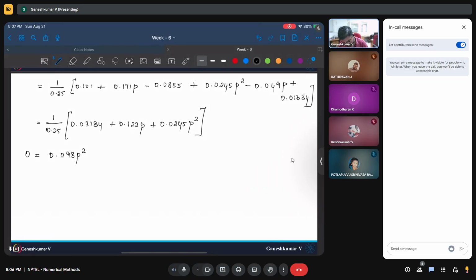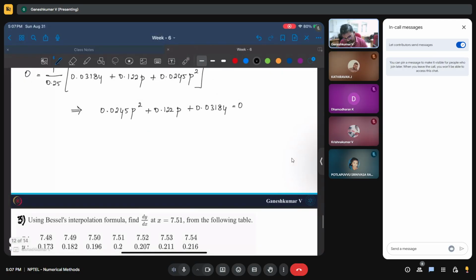Oh, 0 means you can just remove this. It's not a big deal. So this is going to be 0.0245 p square plus 0.122p plus 0.03184 equal to 0. So you can divide by 0.0245.